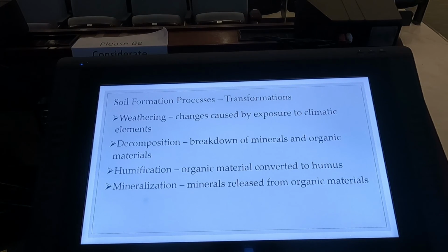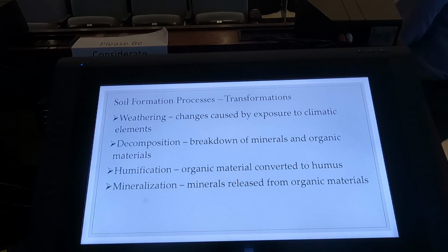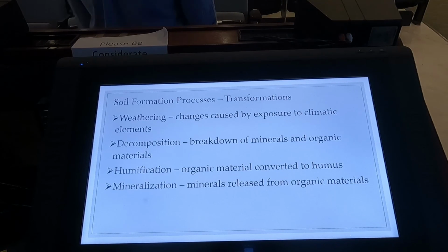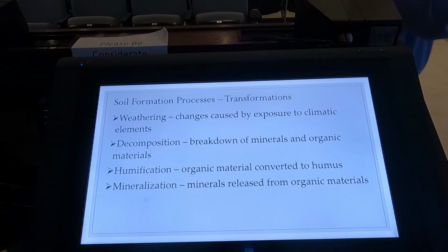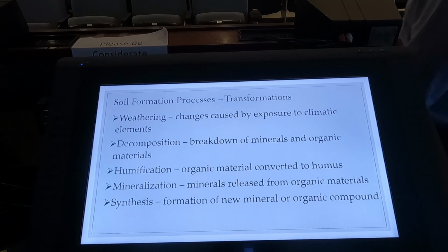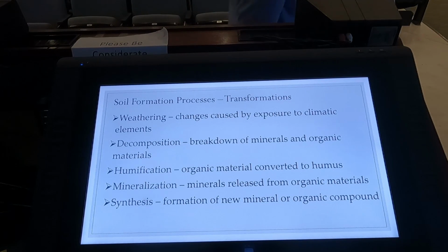And we'll talk about immobilization being the opposite, where it is inorganic being then used into organic. And this will come in when we talk about nutrient cycling, probably in the 4th module. And then finally, we synthesize some new compound throughout all of these processes, whether it be inorganic or organic.